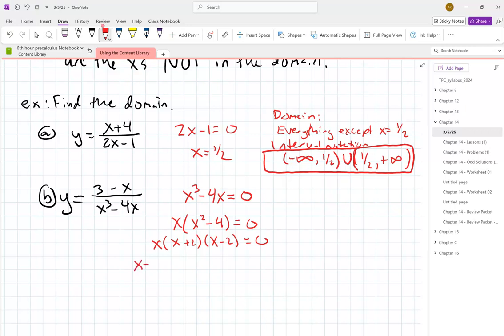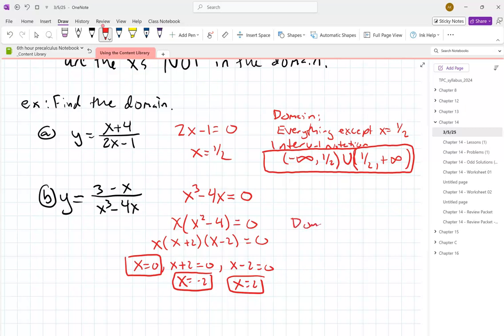So if I set each piece equal to 0, I can solve, and I get x equals 0, x equals negative 2, and x equals positive 2. Everybody okay there?